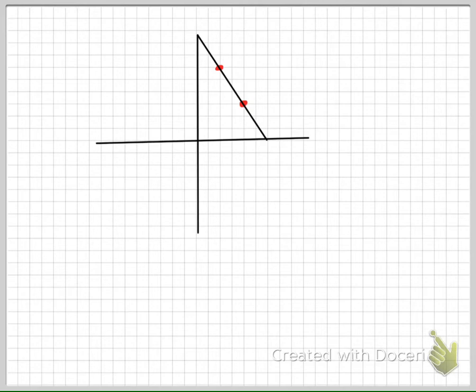Rise over run. Without saying anything out loud, you should already know whether that's a positive or negative slope.